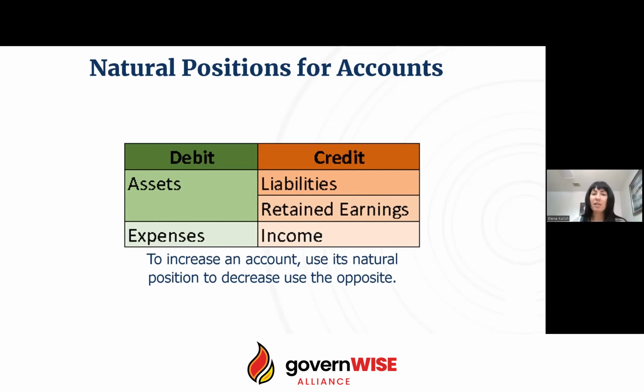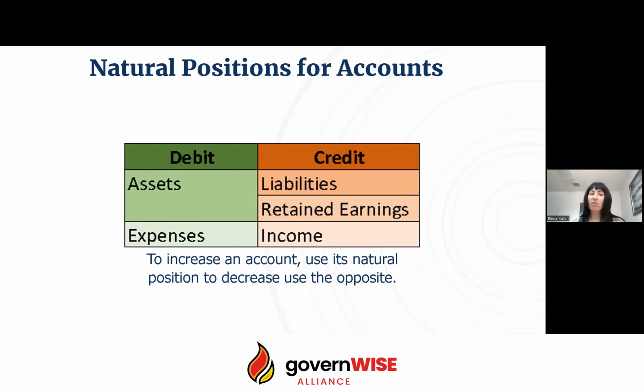Now, what happens if we want to decrease income? Say something happened and we have to correct income and decrease it. Well, if an increase to income is a credit, a decrease to income would be a debit. And it works for expenses the same way. If the natural position for expenses is a debit, then if we want to increase expenses, we'll debit them.